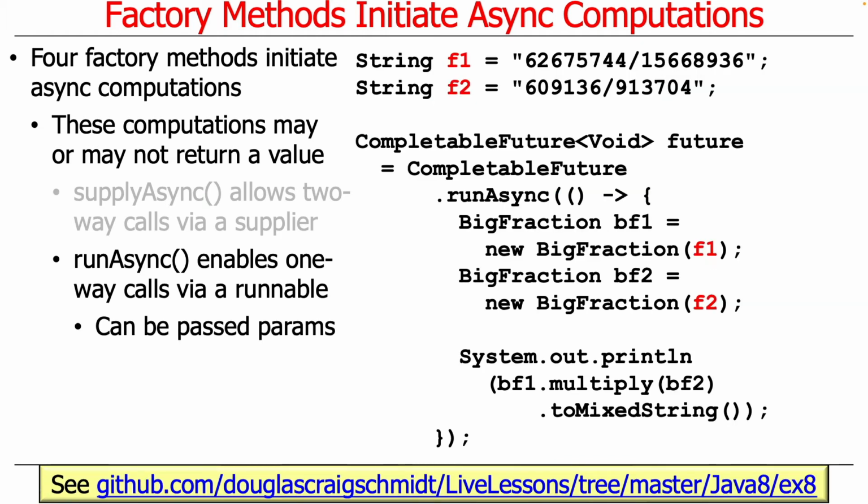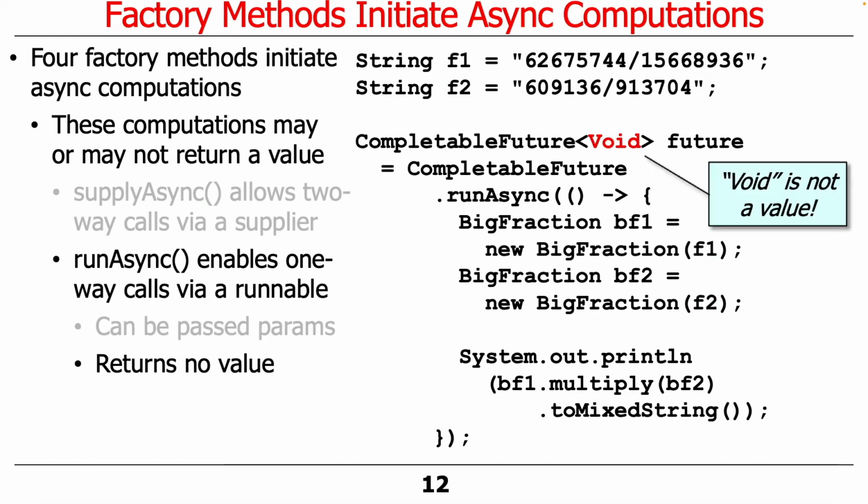Let's take a quick look at how you could use the runnable version, the run async version. Once again, you can pass parameters using the effectively final technique we talked about before. That doesn't change. Notice that there is no return value, so we have to put void with a capital V. That's the syntactic way in Java that you can have some generic parameter that indicates there is no return value. So it doesn't return anything that's useful. It just says it's done.